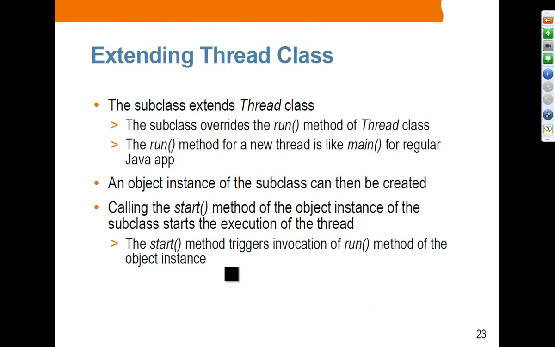The run method is like the main method of a regular Java application. In a regular Java application, the way that you let the Java runtime know what logic to run is the logic inside a main method, right?